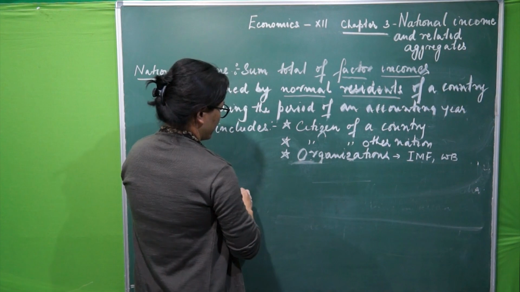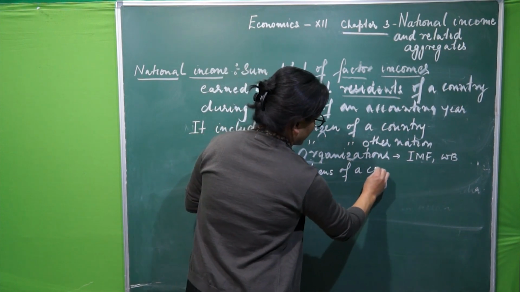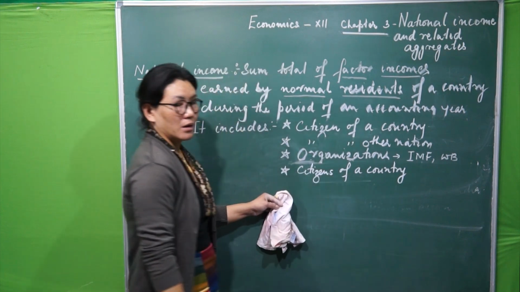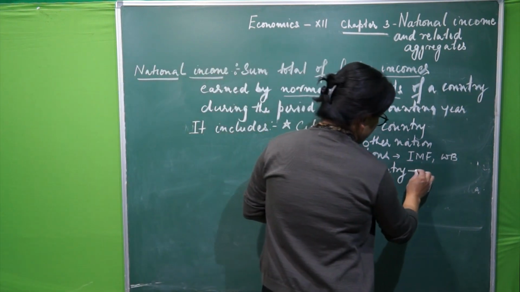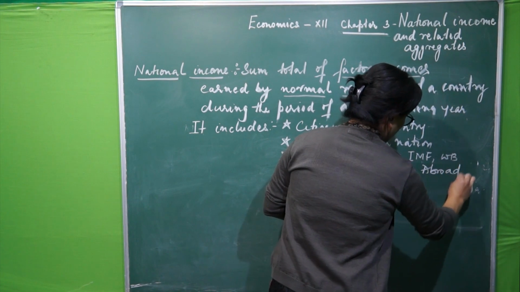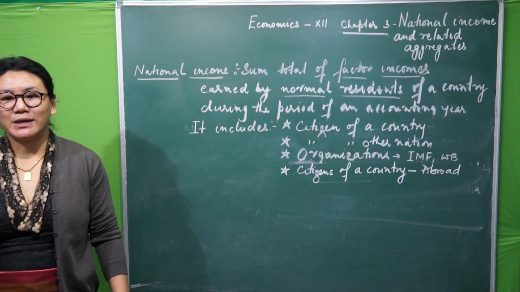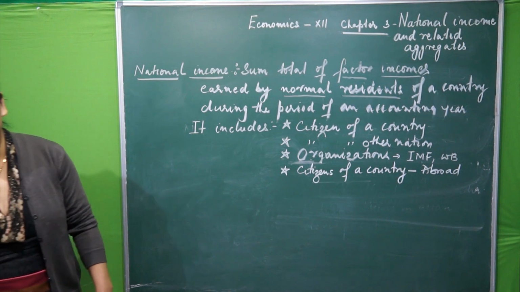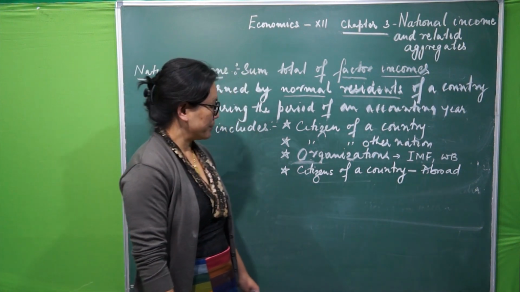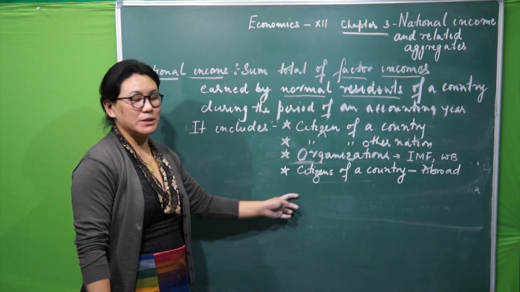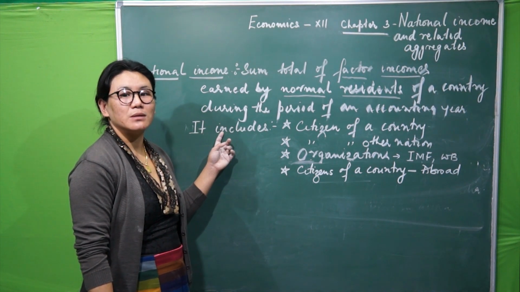Now, the fourth one we have: citizens of a country who are living abroad for a period not exceeding 1 year and whose economic interest lies in their home country, then this citizen will be a normal resident of the country to which they belong.